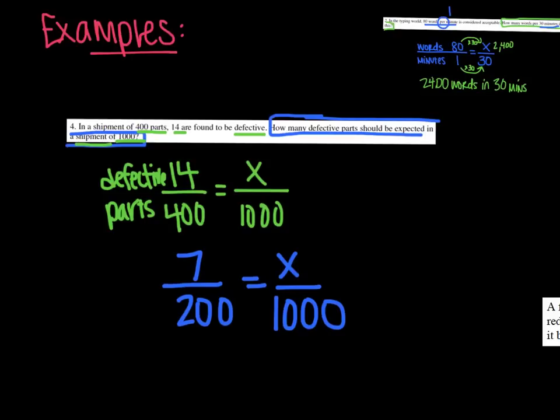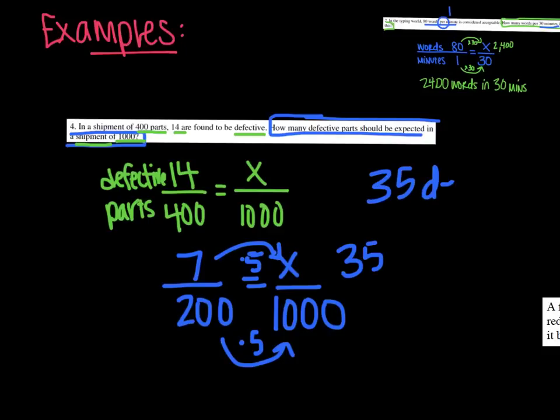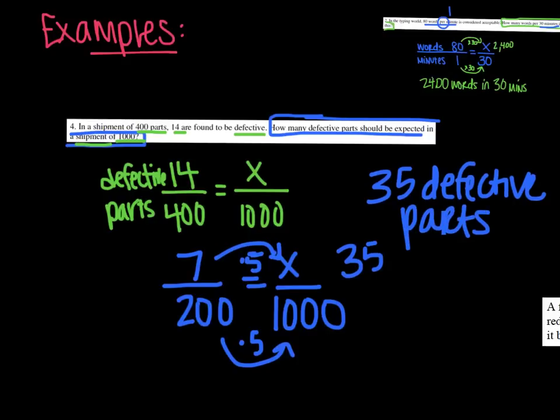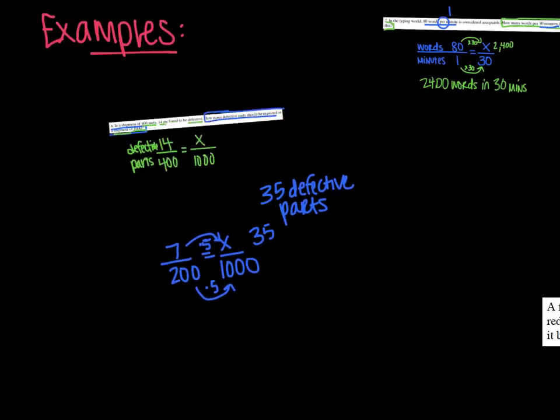Now we have easy math because I know that 200 times 5 will give me 1,000. So I go the same way and do the same operation. And 7 times 5 is 35. So I know that there are 35 defective parts in a shipment of 1,000.